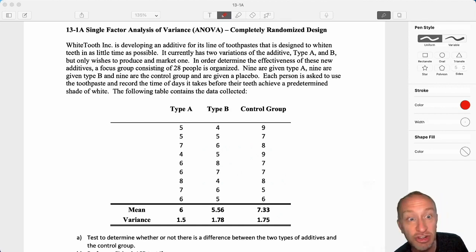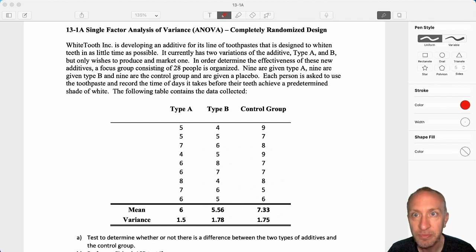So let's just jump into this exercise, and I'll talk about a few of the little challenges that can come up as we go through. White Tooth Inc. is developing an additive for its line of toothpaste that is designed to whiten teeth in as little time as possible. It currently has two variations of the additive, type A and B, but only wishes to produce and market one of them.